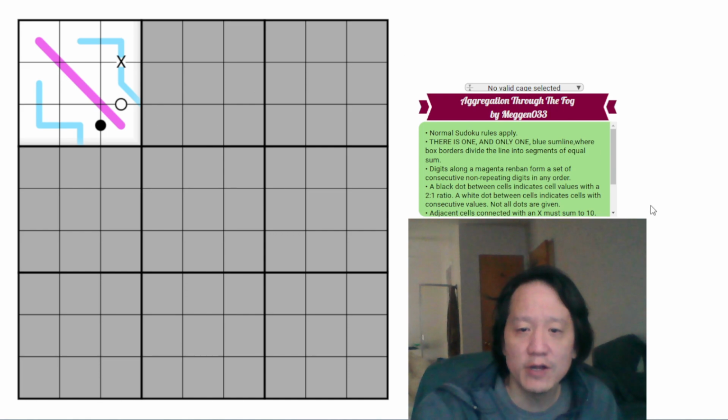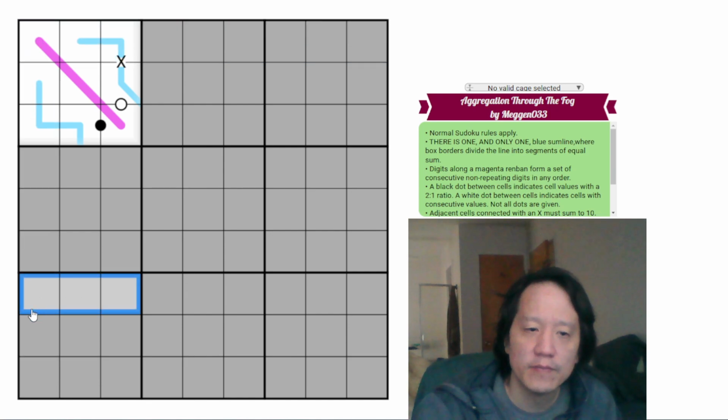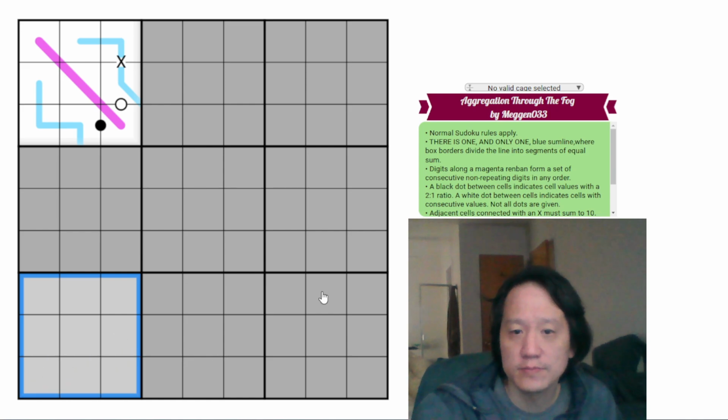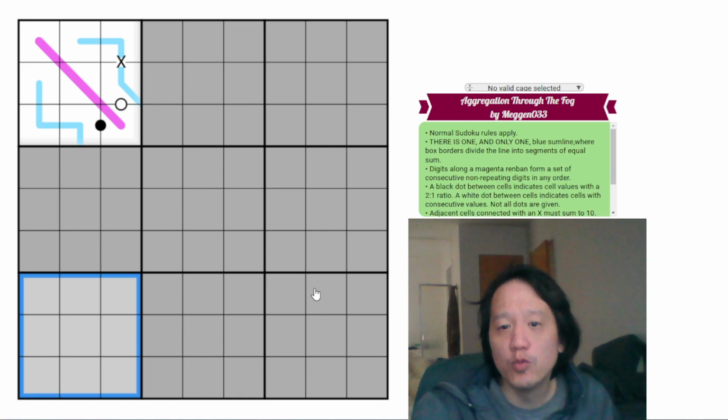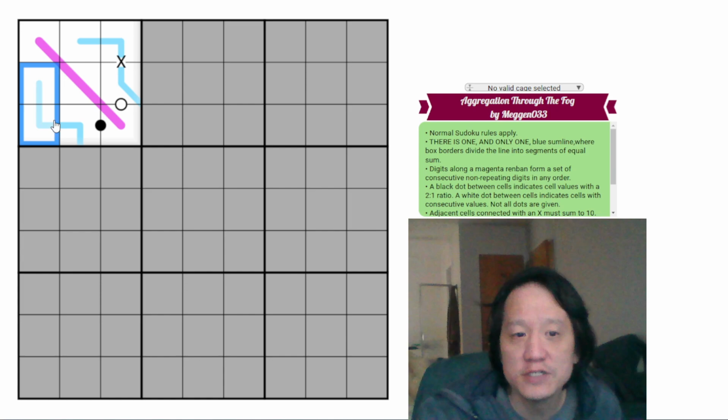Normal Sudoku rules apply, which means place the digits 1 through 9 once each in every row, every column, and every box. There is one and only one blue sum line. So this is the same sum line as this one, where box borders divide the line into segments of equal sum.